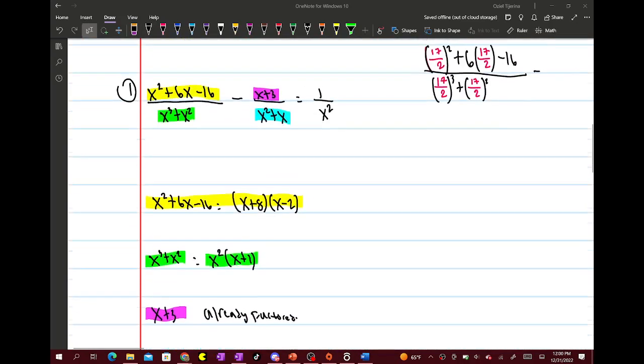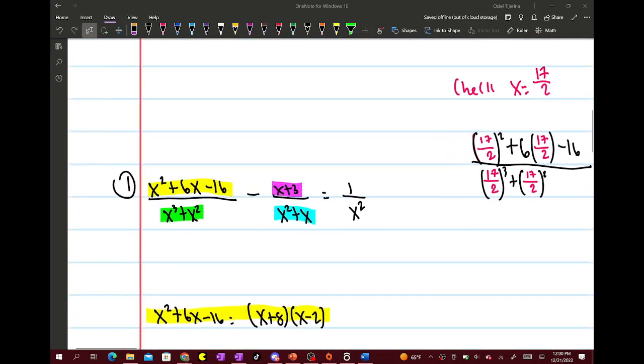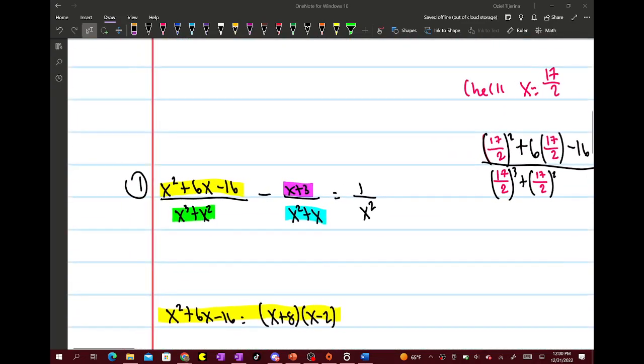Since there's one solution to this, and the restrictions here do not include 17 over 2, it works.